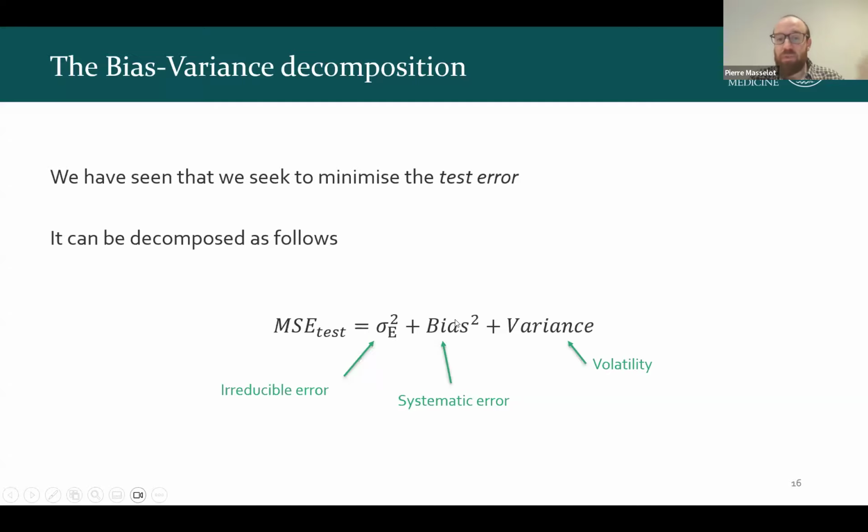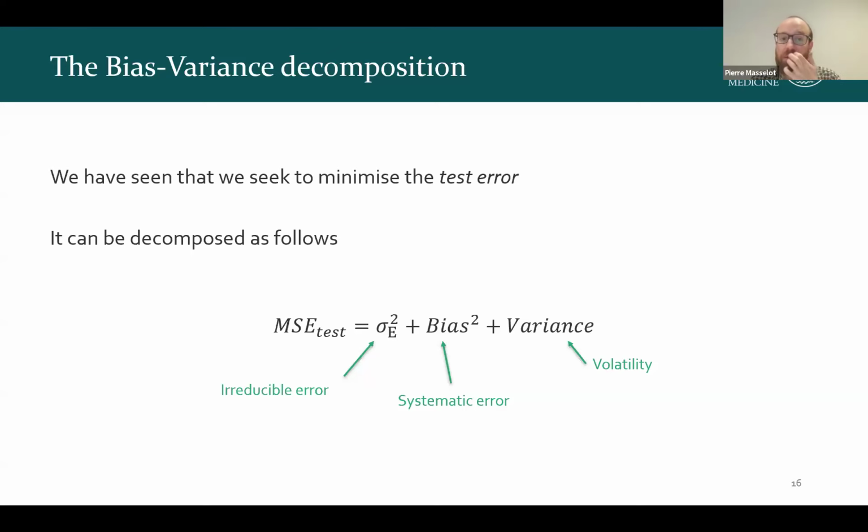There is a bias. The bias is a systematic error, let's say, on average, the difference between your average prediction and the average of your target. And a variance, which is more of the volatility of the prediction. So how much your prediction varies.